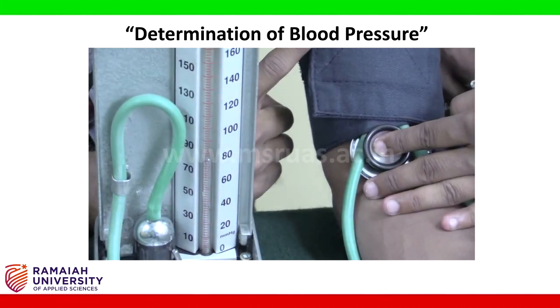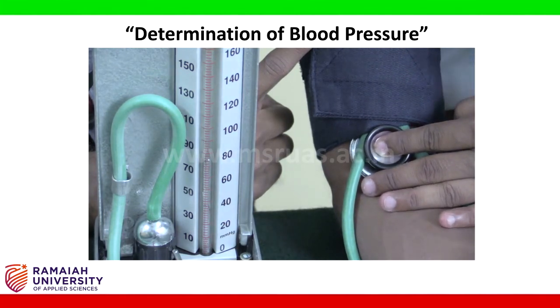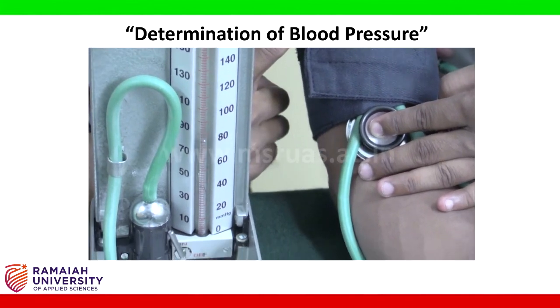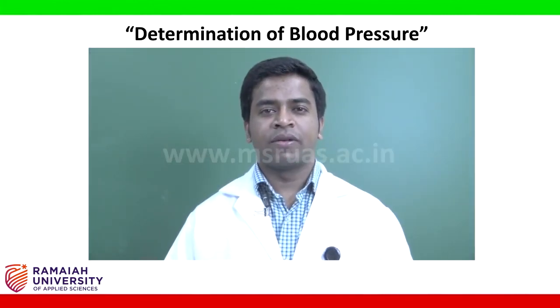Now the sound has disappeared and diastolic blood pressure recorded in this condition is 74 mmHg. This completes the determination of blood pressure.